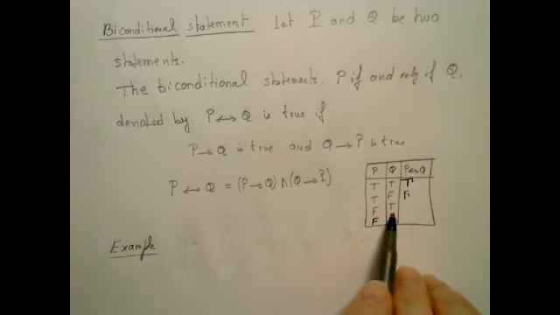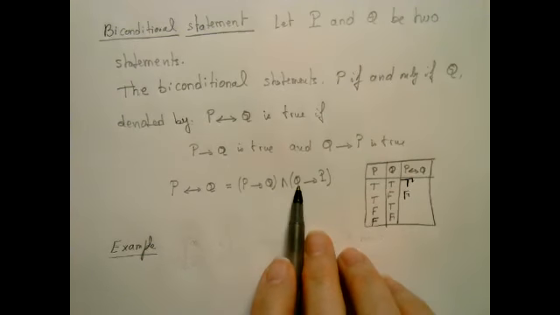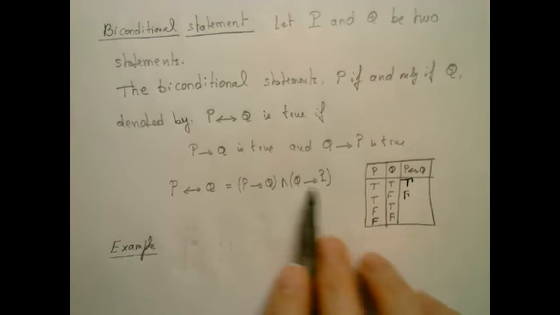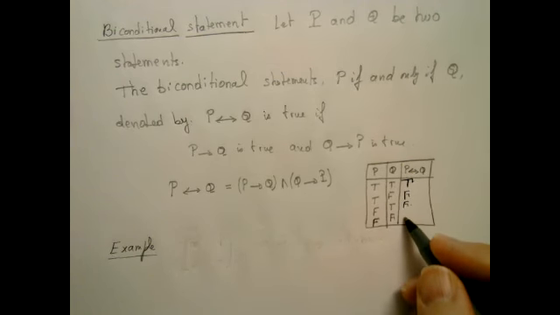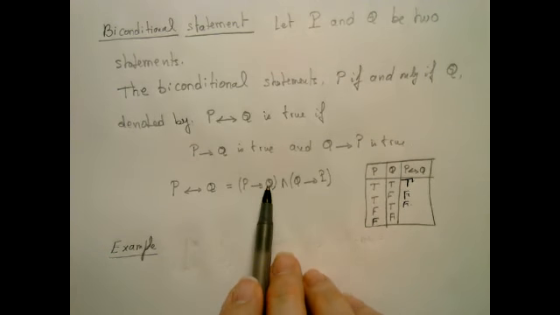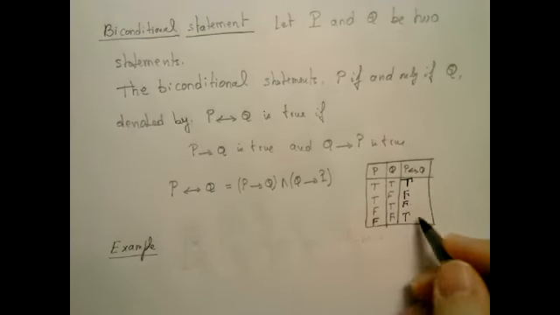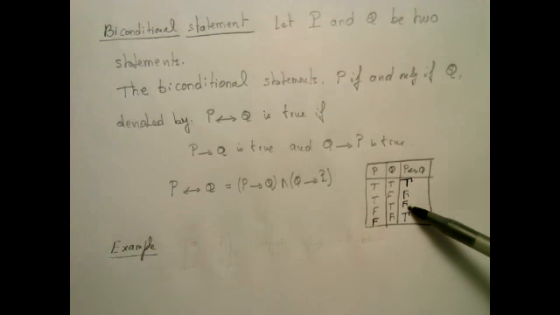Now if P is false and Q is true, this is true and this is false, so it has to be a false statement. If both are false, what happened here? P is false, this is true. Q is false, this is true. It is true. So the truth table of P if and only if Q is the following: it is true if both are true and both are false, and false otherwise.